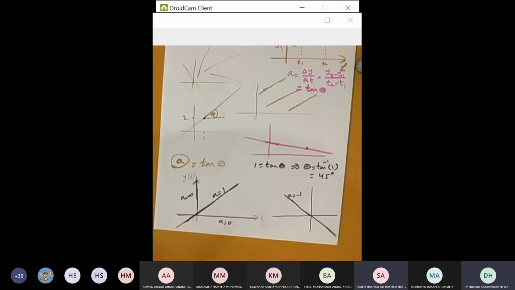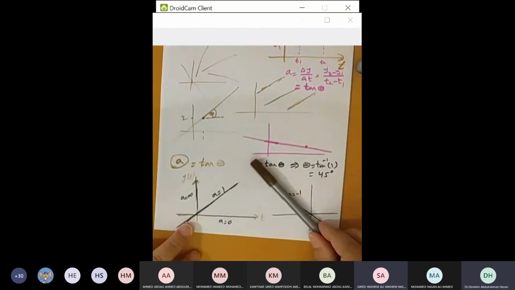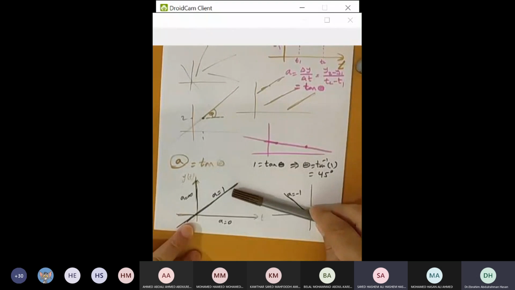So again, if you increase the absolute value of -1, معناته absolute value of the slope. So -2, -3. So -2 will be here, -3, -4 until we reach infinity. Similarly, if it is -0.4 or -0.5, for example, here, -0.3 until we reach 0 again. So it will be here.